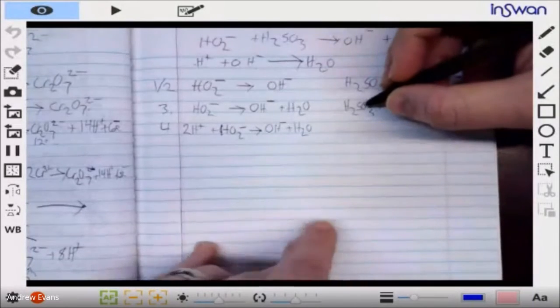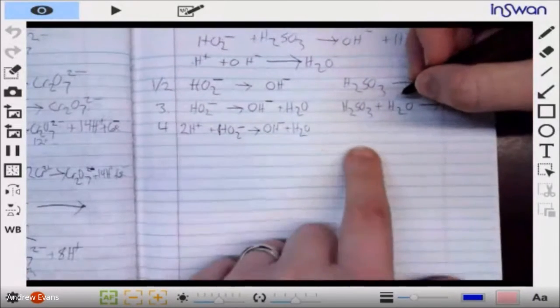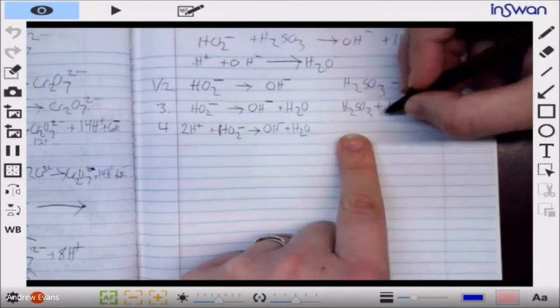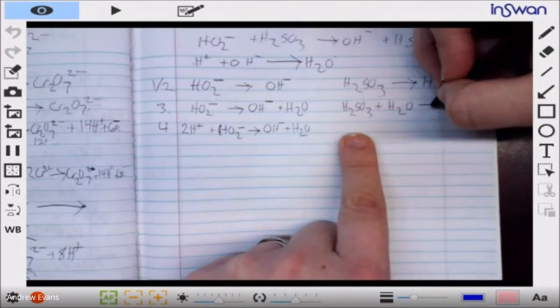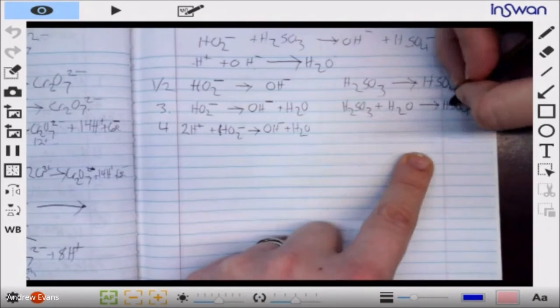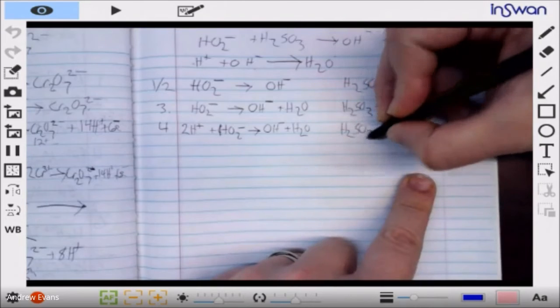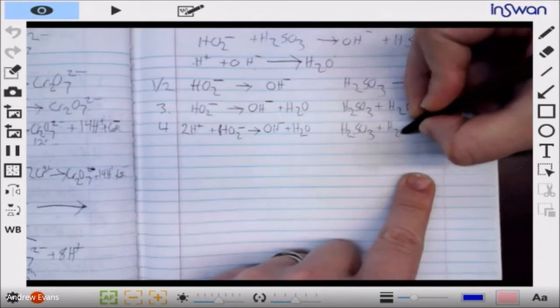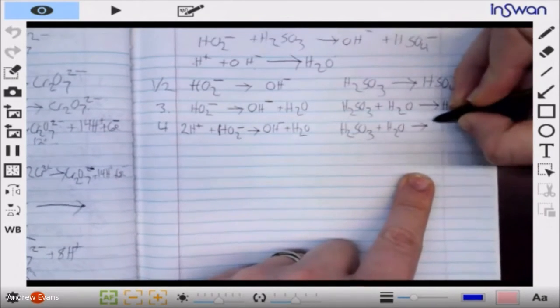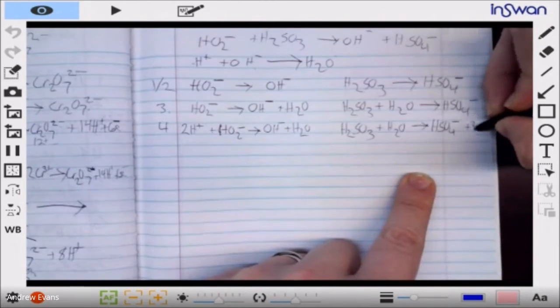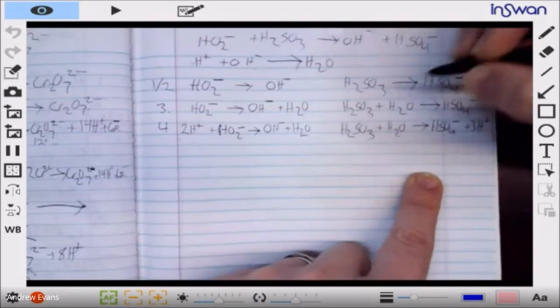So we're going to add H, and we're going to fix it later. 4 H's, 1 H. So I have to add 3 H's on the right. So 4 H's, 4 H's.